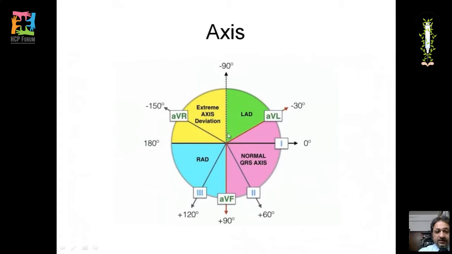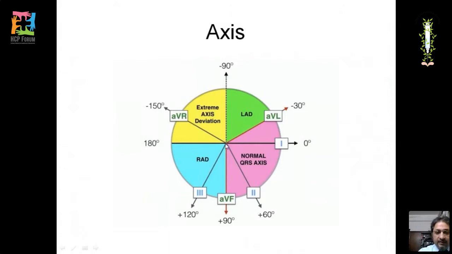Now, in case of left anterior and posterior hemiblock, see the left bundle, when it comes, it divides into two fascicles, the left anterior and the left posterior. The left anterior comes down inferiorly and towards the right, and left posterior goes posteriorly and towards the left.